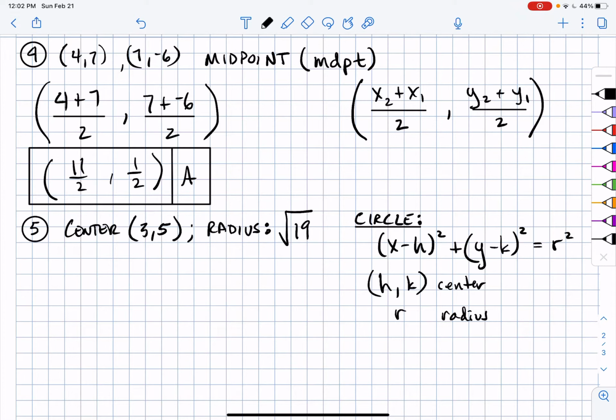So with that being said, now let's just plug it in. So I have x minus 3 squared plus y minus 5 squared is equal to square root of 19 squared, okay?